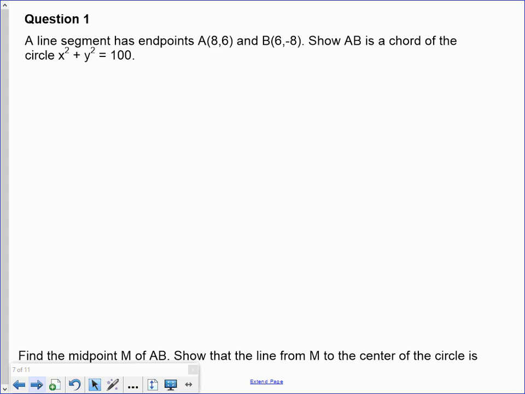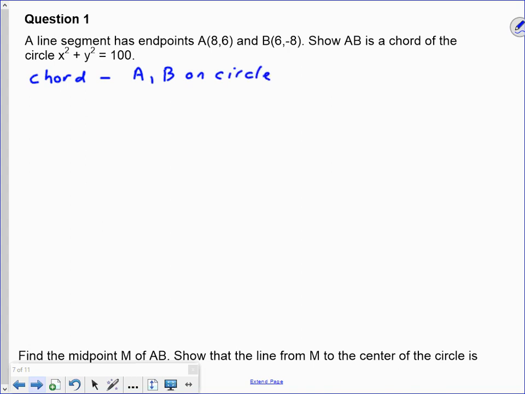To answer this question, we have to consider what it means for something to be a chord. Well, a chord has to connect two points that are on the circle. So points A and B have to be on the circle.